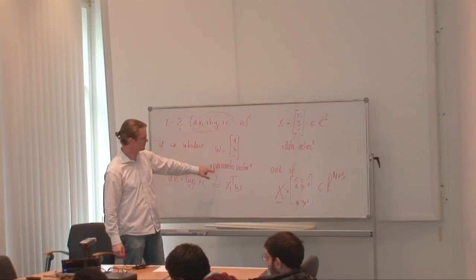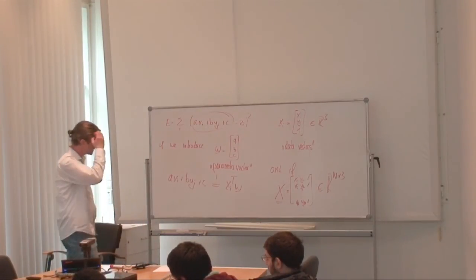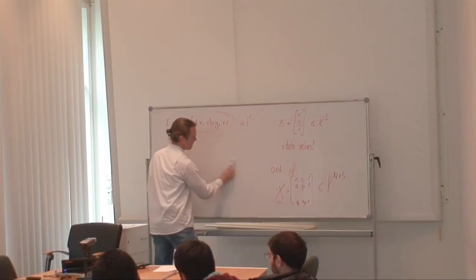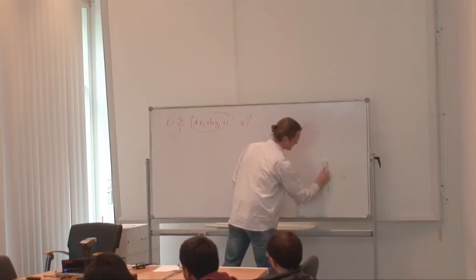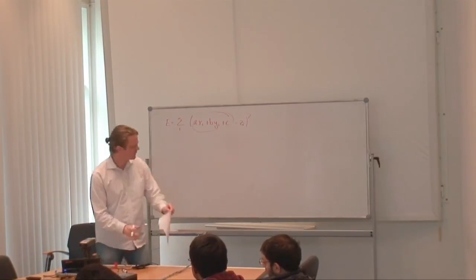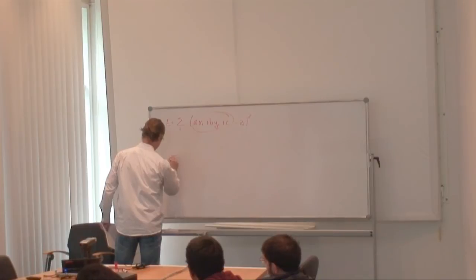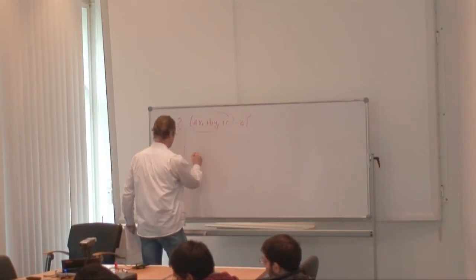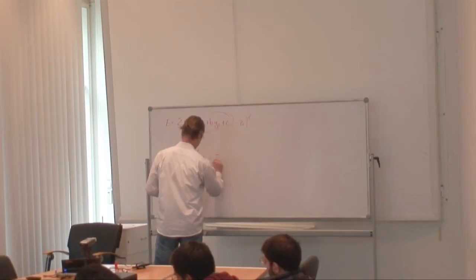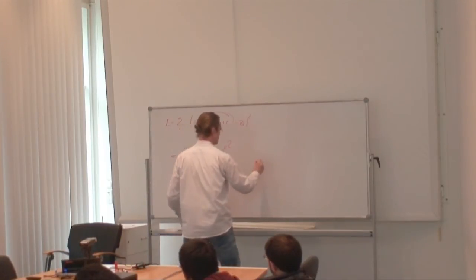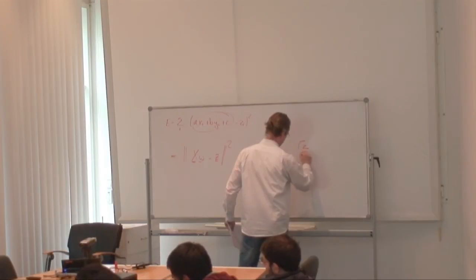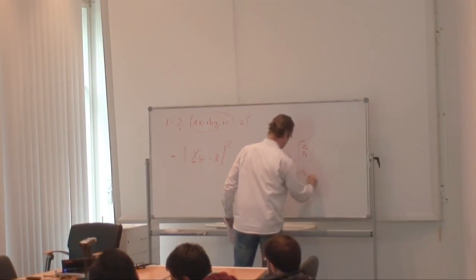With this parameter vector w, and with this data matrix x, I can write this error function as the norm of the difference between the vector x times w minus the vector z, squared, where, and here's the last ingredient, the vector z is given by z1, z2, all the way up to zn.